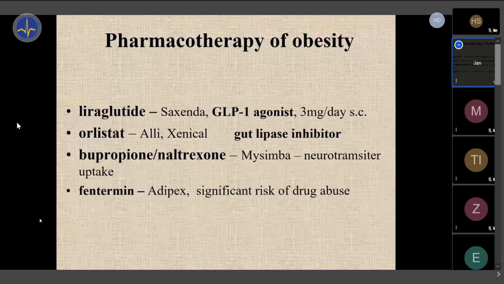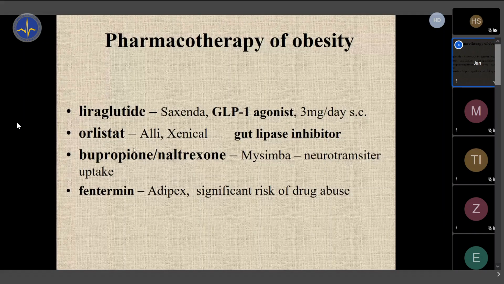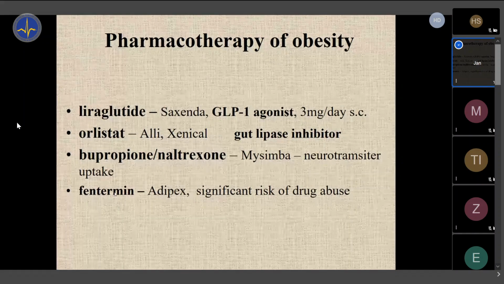So these three are really used very often, and each of them is paid from the public insurance. Phentermine is below the line, or Adipex.